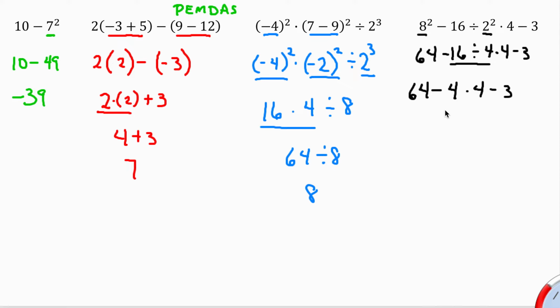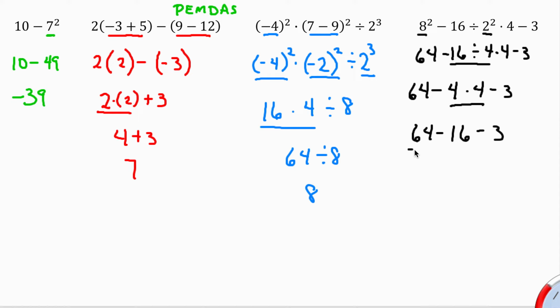Okay, I'm not through with multiplication and division yet, so I'm still working on the multiplication, right here. Now I've got 64 minus 4 times 4 is 16 minus 3. Now that there's no multiplication and division left, adding and subtracting.